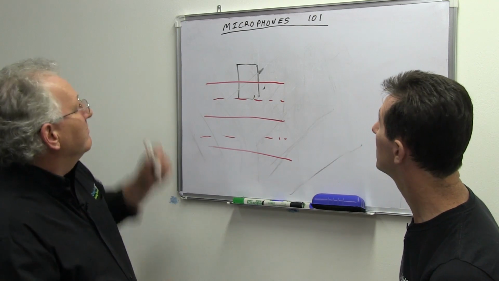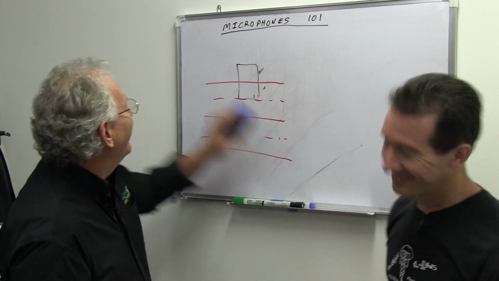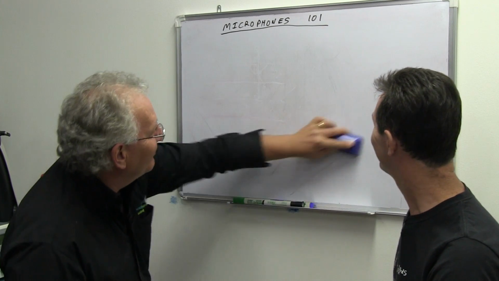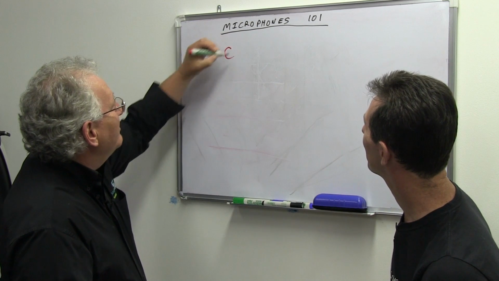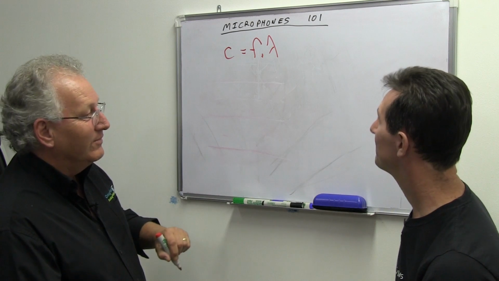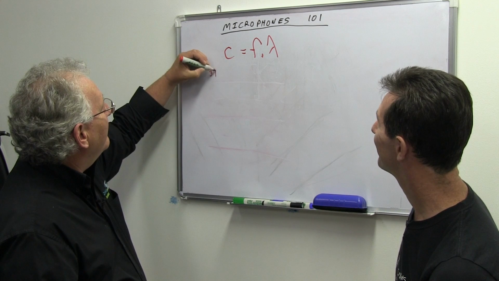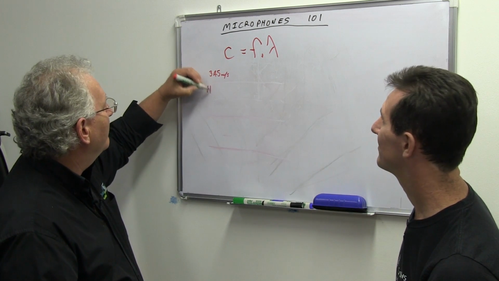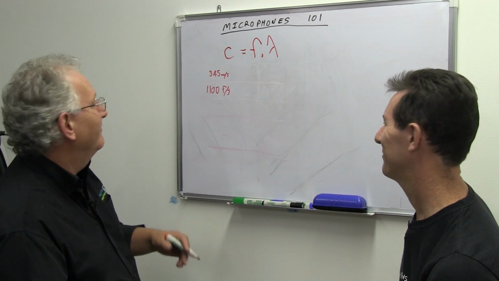Not really. It's maths time. I'll have to go dual polarity here for the imperials and the metricists. Propagation velocity equals frequency times wavelength. For the speed of sound, we'll call that 345 metres a second, or about 1100 feet per second.